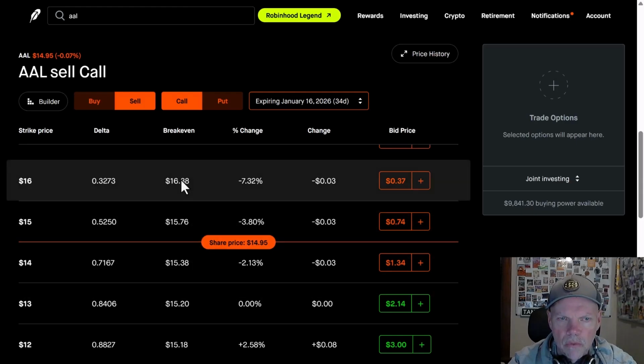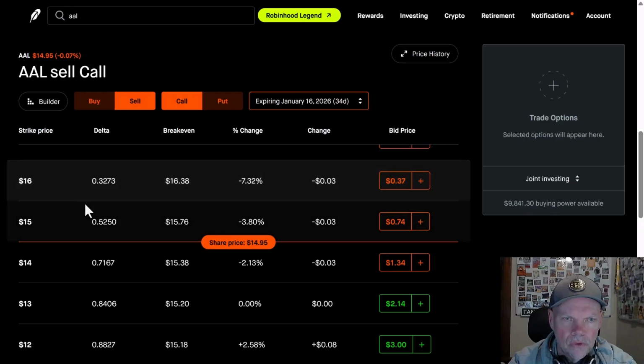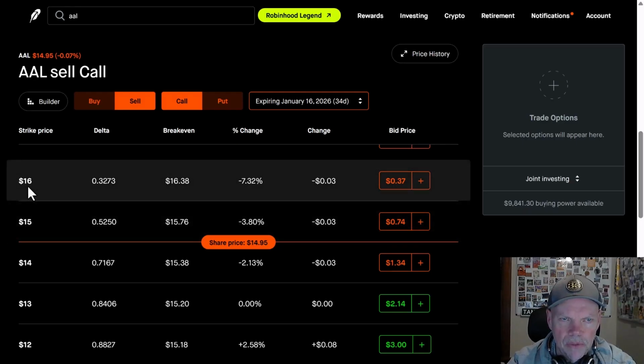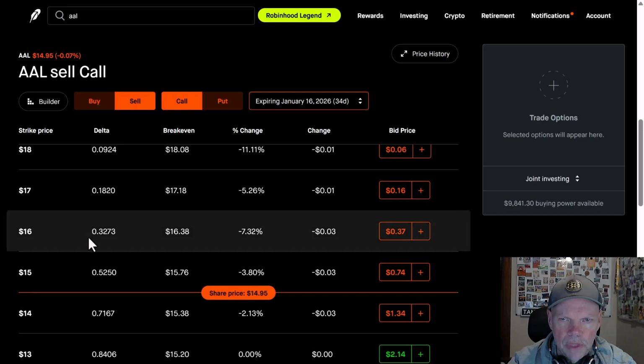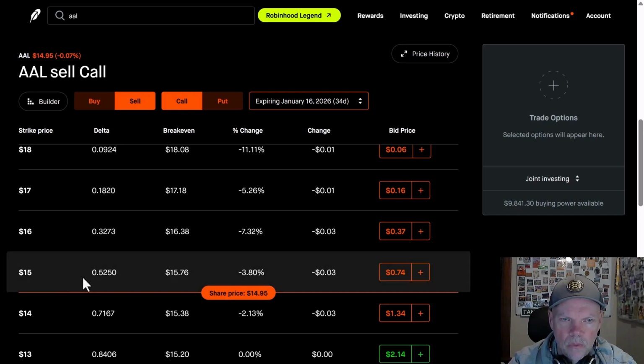So I was looking at 15.50. However, there's not a strike price at 15.50, but there is one at 16. So let's move this just a little bit. So we have 15, which is a 52 delta, which means there's a 52% chance approximately that if I select this one, it's going to hit that price and I'm going to sell my shares at 15.